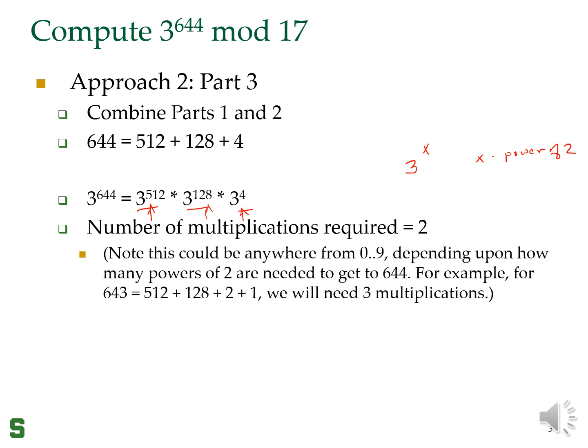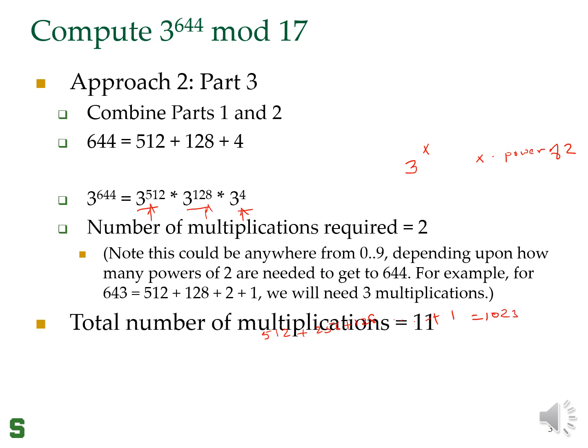Note that the number that we need here would vary depending on the exact number that we were working with. So for example, 644 consisted of 3 powers of 2, so we needed to do 2 multiplications. On the other hand, if the number was just say 512, then we wouldn't have to do any multiplication. If the number was something like 512 plus 256 plus 128 plus 1, which is basically 1023, I will need to do 9 multiplications.